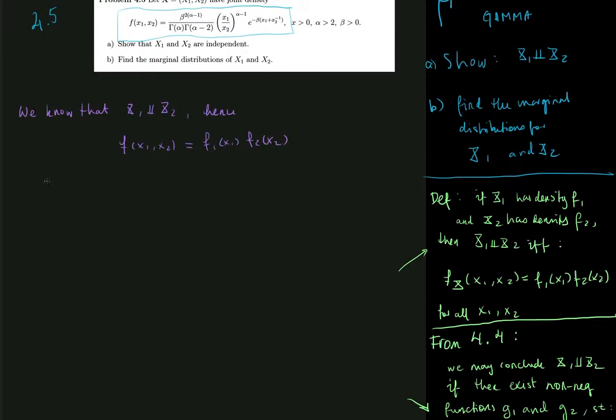So the marginal density for x1 is definitely proportional to x1 to the alpha minus 1 multiplied by e to the minus beta x1. And we also know that there's another density that's proportional to this, aka the gamma density.